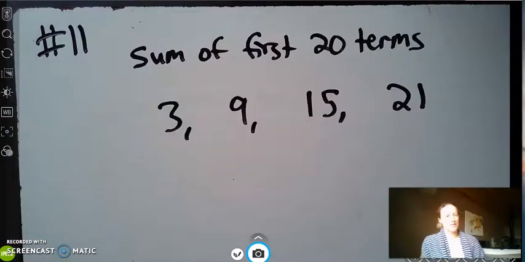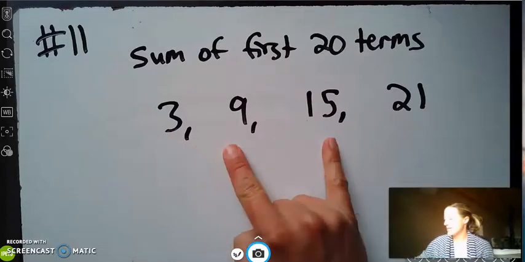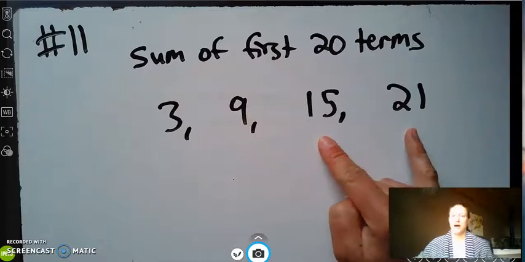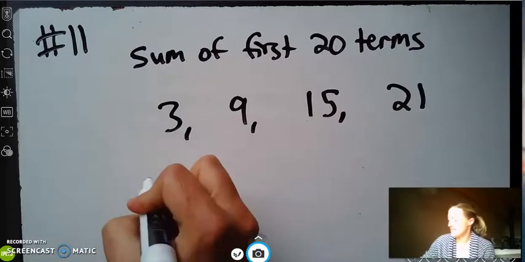The next one I want to talk about is number 11. It says find the sum of the first 20 terms. So we see the pattern here is going up by 6 every time. But maybe instead of writing out 20 numbers that are going up by 6 every time and then adding them all up, we can use the formula that Mr. G was talking about in the video with the sigma.